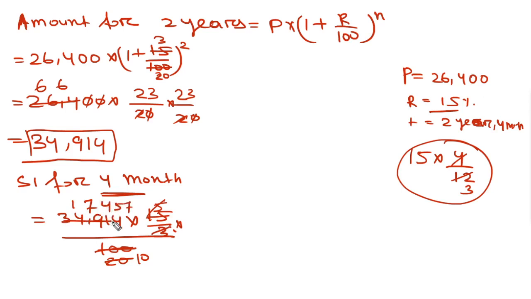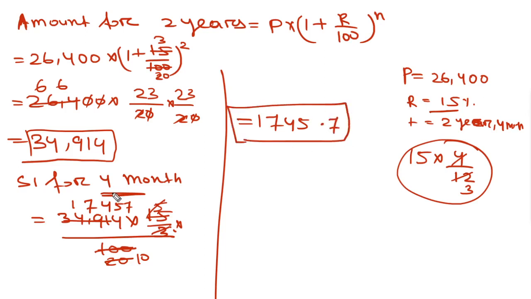Okay, now what will we do? 17457 divided by 10. So it will be equal to 1745.7. Okay, so this is the simple interest for 4 months.